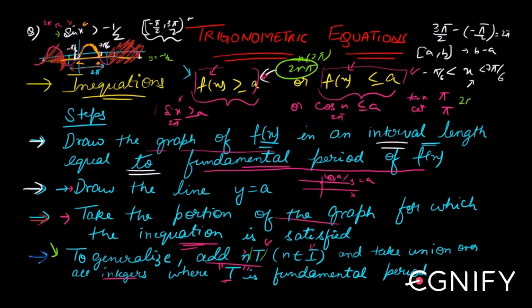So 2n pi minus pi by 6 less than x less than 2n pi plus 7 pi by 6, where n belongs to integers, Z. All those n's I will keep putting, and I'll take the union of everything, and that will form my general solution. So this is the final answer to this question: for sin x greater than minus half, your x has to satisfy this quantity.